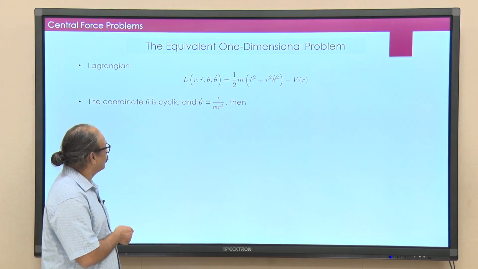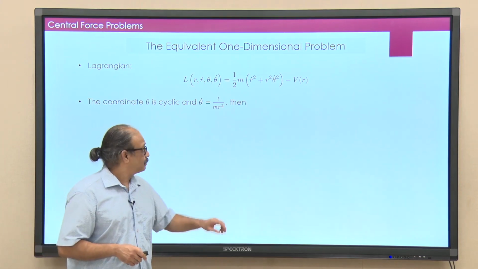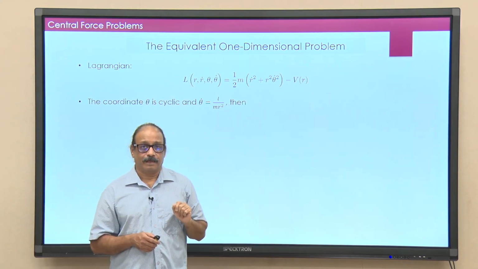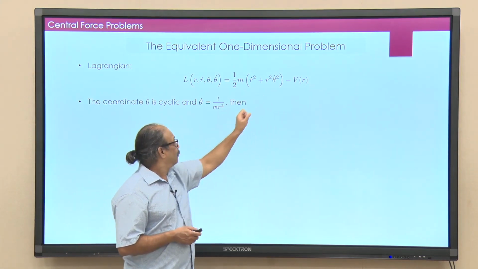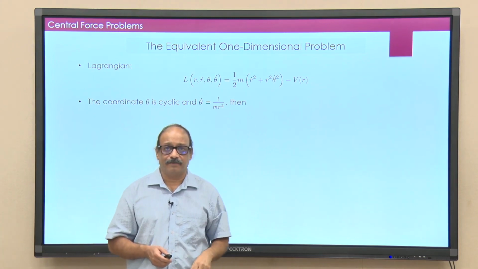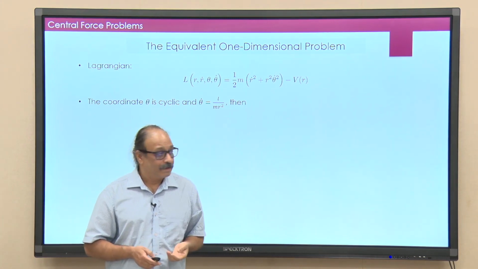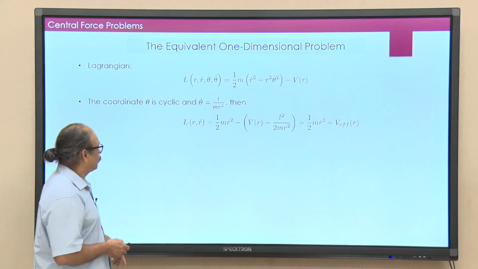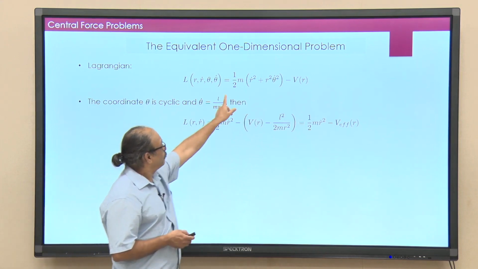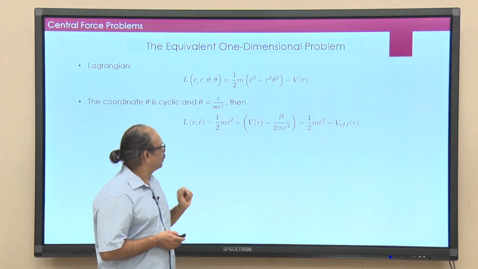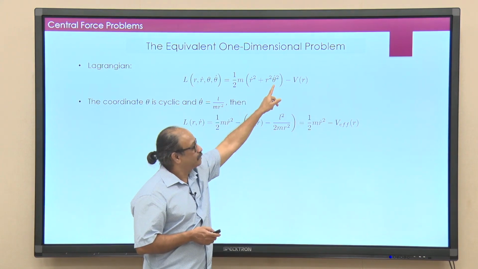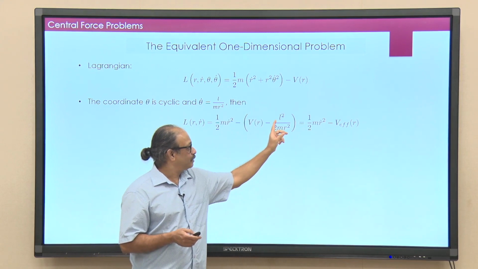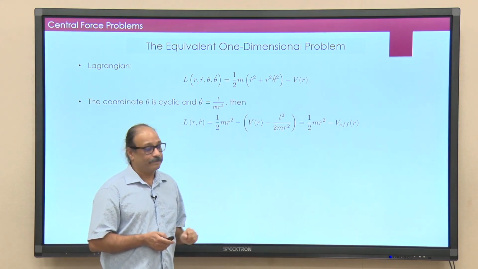Now, what I can do is I can actually construct, because in this Lagrangian there is no theta anywhere, there only appears theta dot, but remember theta dot itself is a function of r now. So, I can put that back into this, and then what I would get is half m r dot square, that term is here, and the second term when I substitute theta dot is equal to L by m r square will turn out to be L square by 2 m r square.